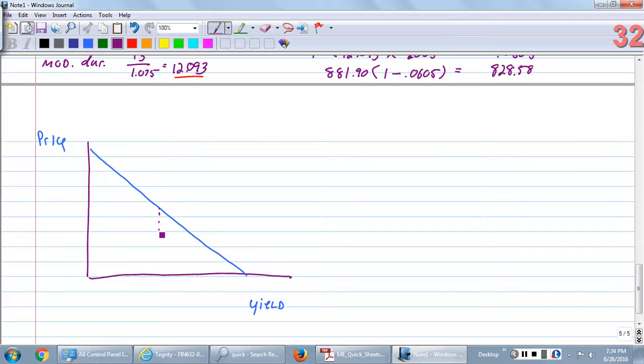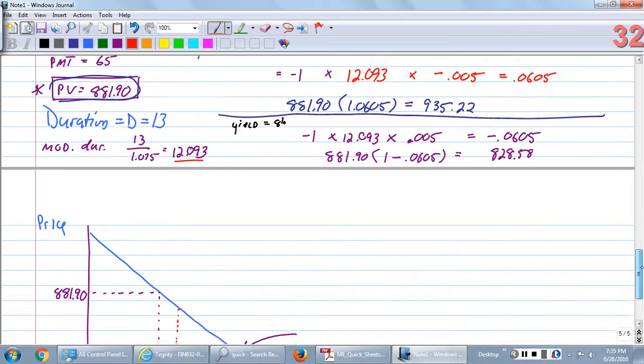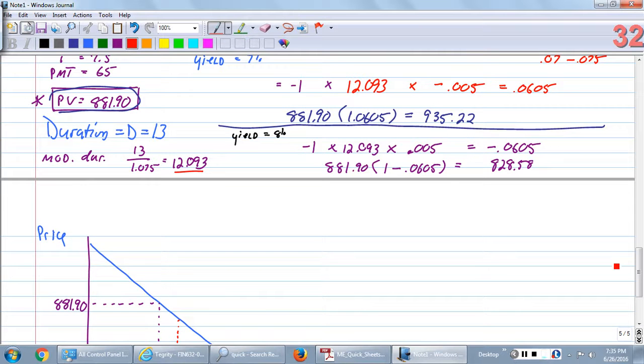Our original bond was priced to yield 7.5%, and we said that the bond was worth $881.90. So what we're doing here with modified duration, that's what this line is. This line is we're using modified duration to estimate the price change. We said if interest rates go from 7.5% to 8%, it should go to $828.58.